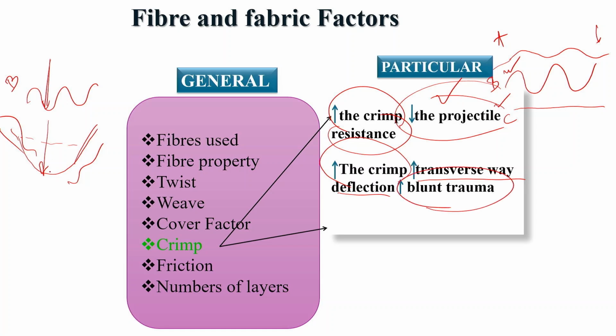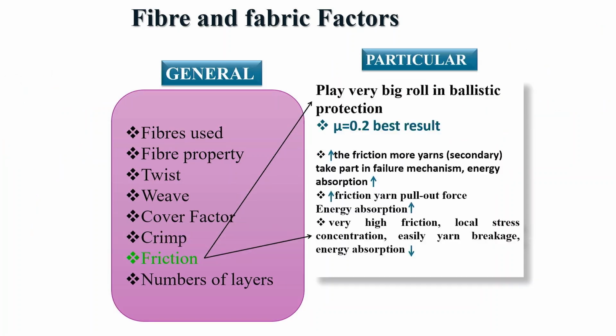That is what I have here. If it is increasing, then there will be a higher back face signature, because the deflection will be very high. So, transverse wave deflection of the fabric will be more. So, crimp has to be optimized.